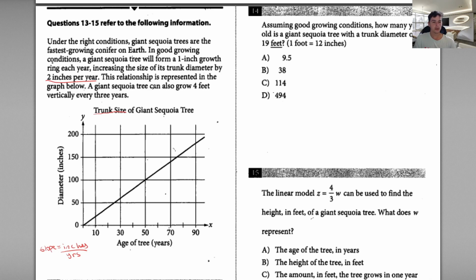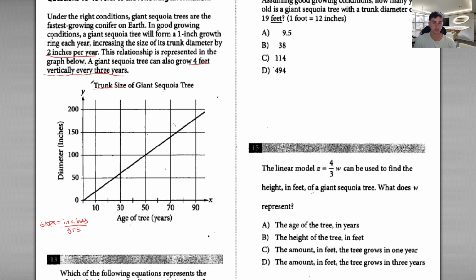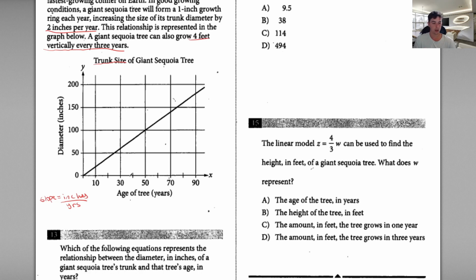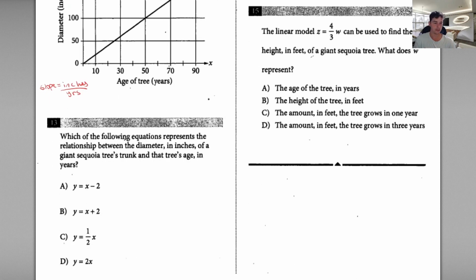A giant sequoia tree can also grow 4 feet vertically every 3 years. I don't know if this is going to be important, but let's see. Because this graph is only about trunk size, so it's only about the diameter, which is 2 inches per year. But they also added that 4 feet vertically every 3 years is a rate that the tree grows as well. So let's see it.